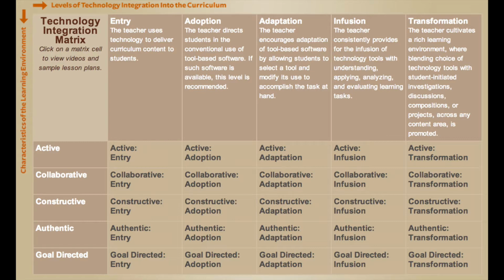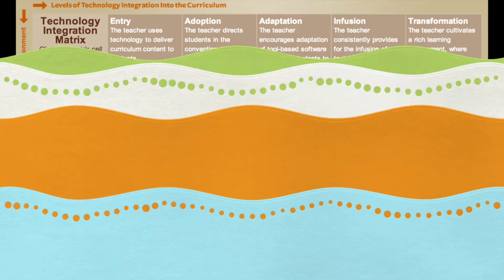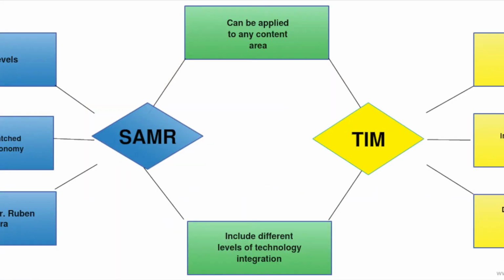And these are all just different things you could be doing in your classroom, or types of environments you're trying to create for your classroom. And so with this matrix, then you're able to go on each of the 25 boxes that it creates, and you can click on each one, and then you can say, okay, what would a lesson in this area look like?